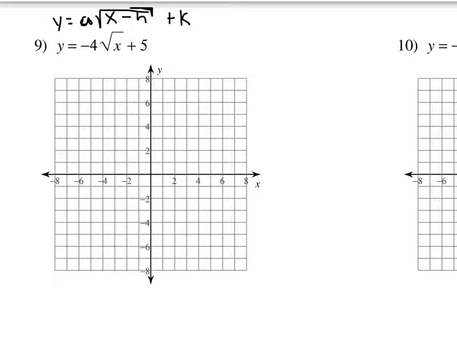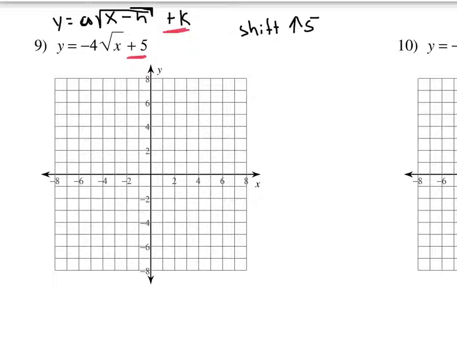So do we have anything underneath the radical with our x in this problem? No. That means we're not shifting left and right because there's nothing with the x. But we do have something outside the radical. So that tells us we're shifting where? Up or down, which in this case we shift up 5.